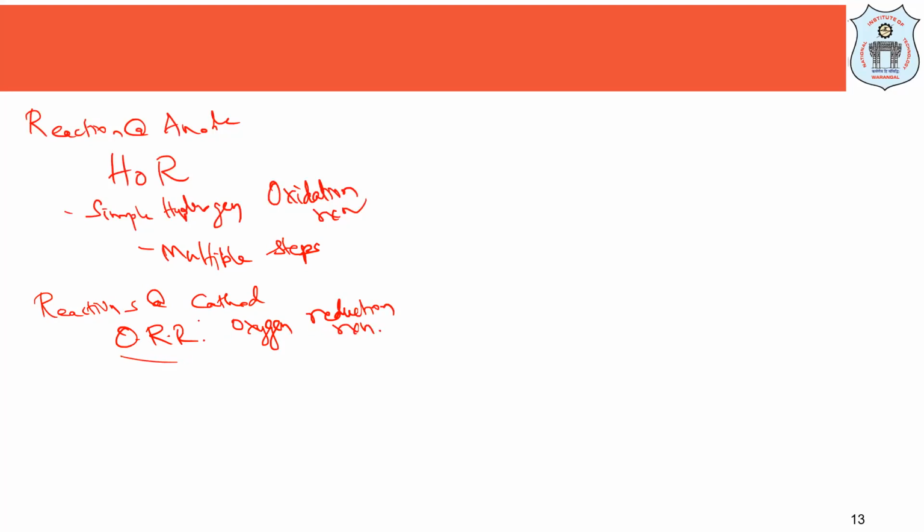Remember, understanding the ORR is still a very good research area of study, because it varies with different metal surfaces or catalysts used. With different cathode surfaces, we have different types of mechanism taking place. So that's a very good research area.